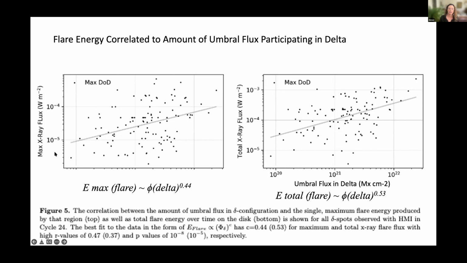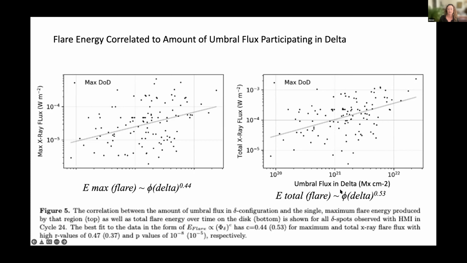And then plotting the maximum X-ray flux for any given active region, what is the max flare that it produced, or the total X-ray flux, the summation during the time it was a delta. There's actually a correlation between the flare energy and the flux participating in the delta.